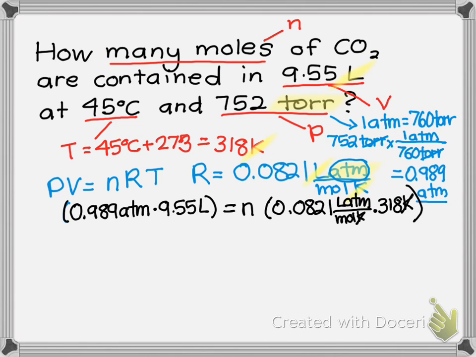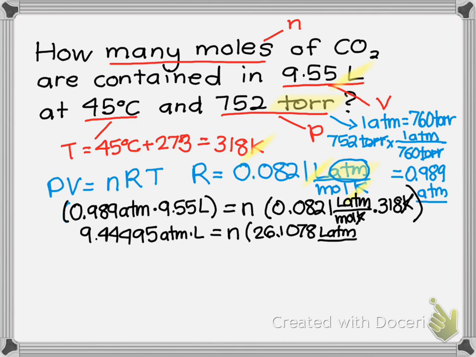I'm going to go ahead and multiply these two sides. I get 0.082. Now I'm multiplying the other side. This is 26.1078, and it still has kind of crazy units because all I got rid of was Kelvin.